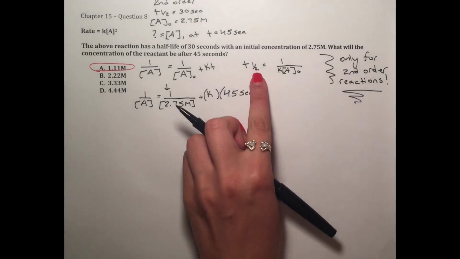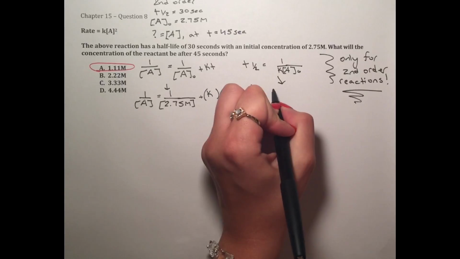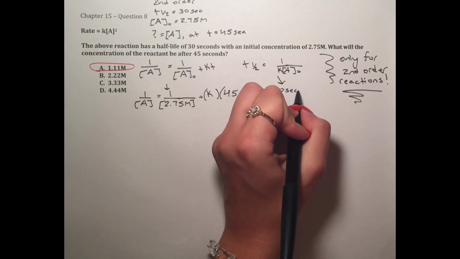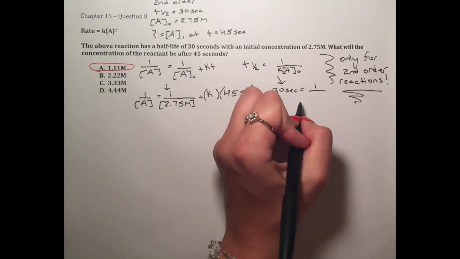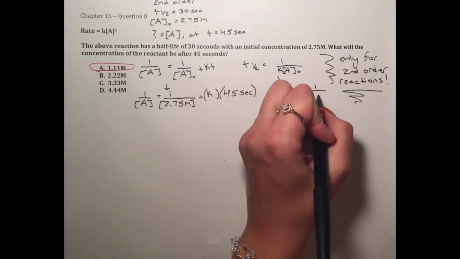All right, and we have T1/2, which we're told is 30 seconds, is equal to 1 over K, which we don't know, times A naught, which is 2.75.